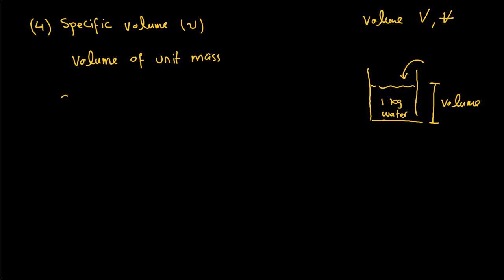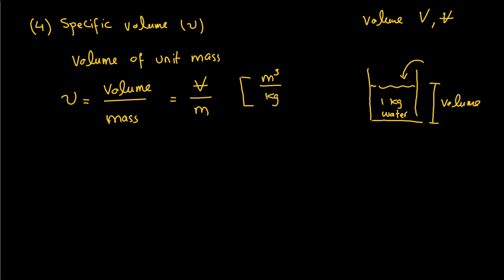So specific volume by definition is the volume of unit mass. So symbolically it's the volume divided by m. So the unit of the specific volume is meter cube divided by kilogram. Does that remind you of any specific property that we covered in the previous videos?